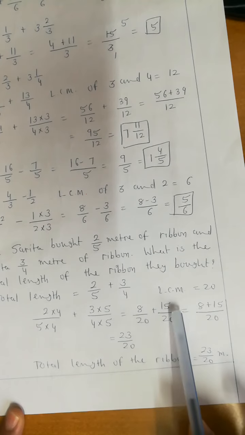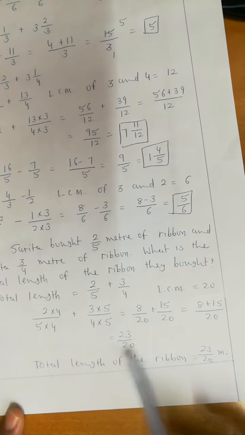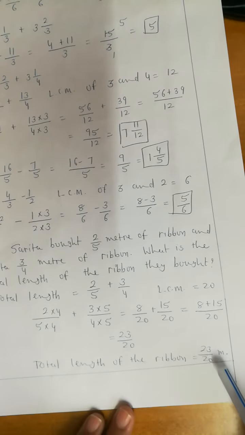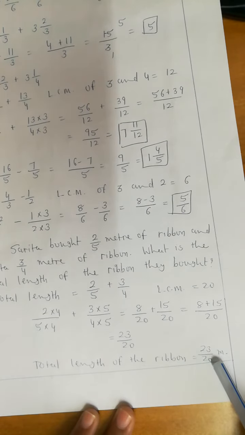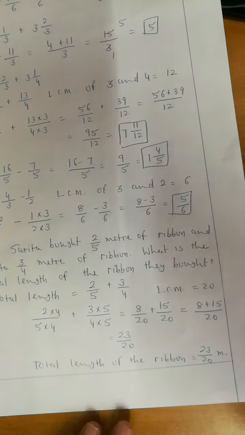Add 8 plus 15, 23 upon 20. Means total length of the ribbon will be 23 upon 20 meter. This is an improper fraction. You can convert the improper fraction into a mixed number also. In mixed number your answer will be 1 integer 3 upon 20 meter.